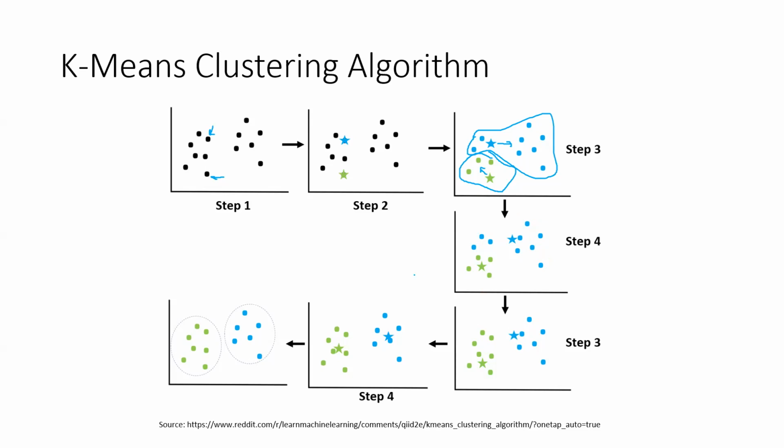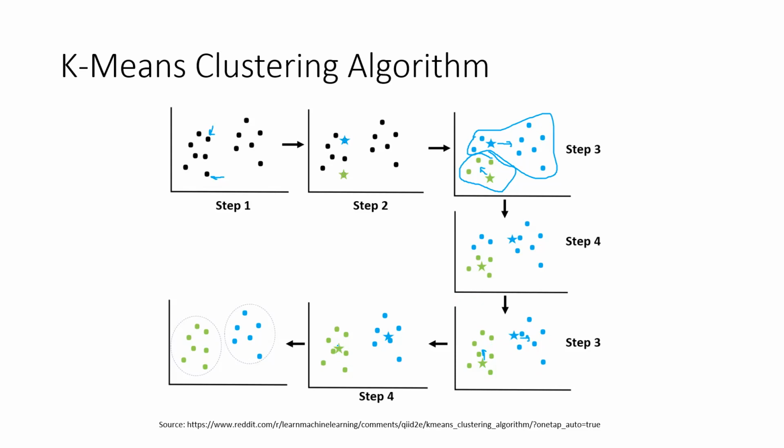And again, in the second phase of the second iteration, we have to define the centroids. So this centroid should move somewhere here, and this centroid should move somewhere here, right? So it has moved here. This has moved here, right?